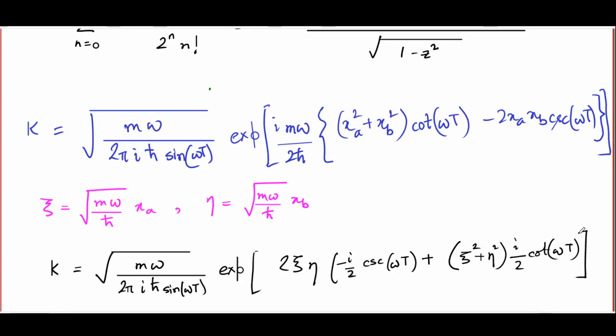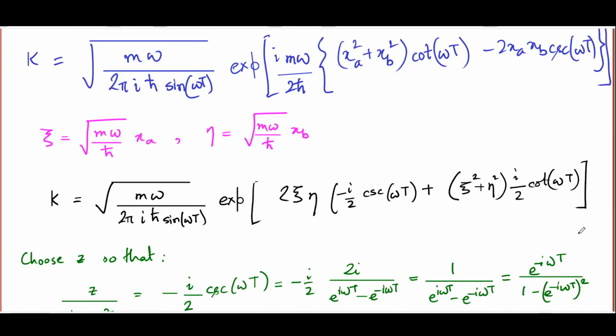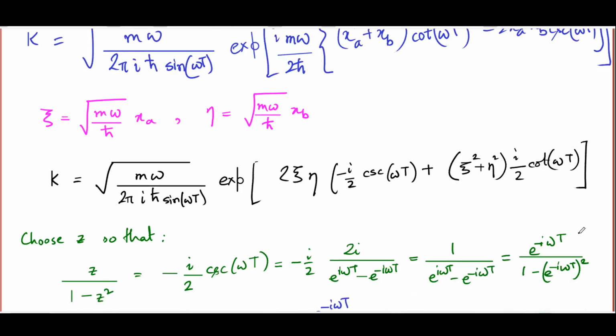So in order to make this expression look more like the right hand side of Mehler's formula, what we will do is we will choose z such that z by 1 minus z square, which is the coefficient of twice xi eta in Mehler's formula within the exponent, is whatever you have as a coefficient here, that is minus i by 2 cosec omega t. And from this I should be able to read off what z should be.